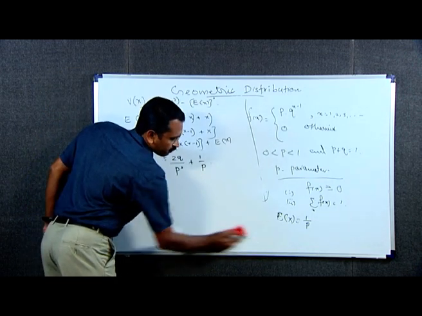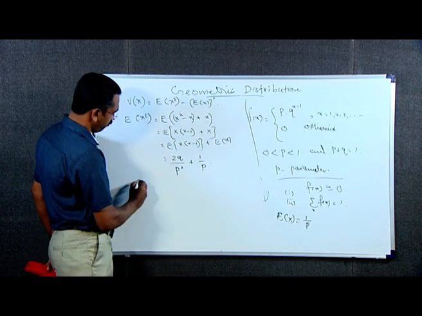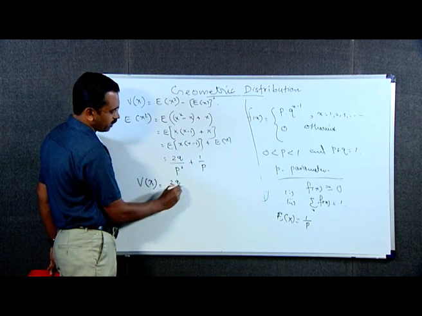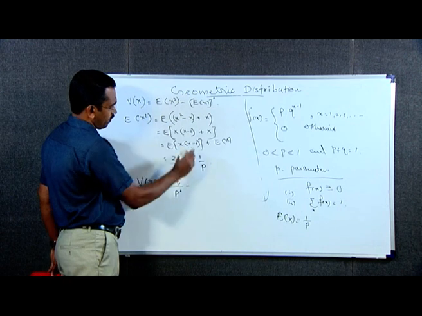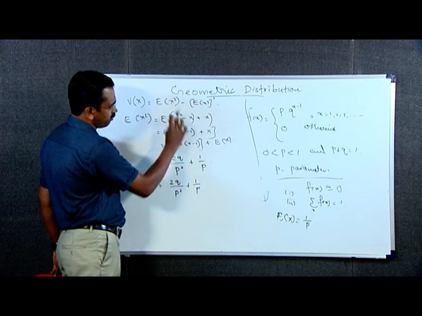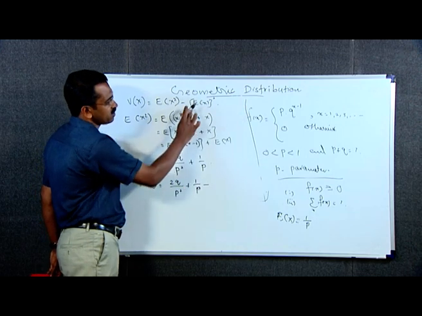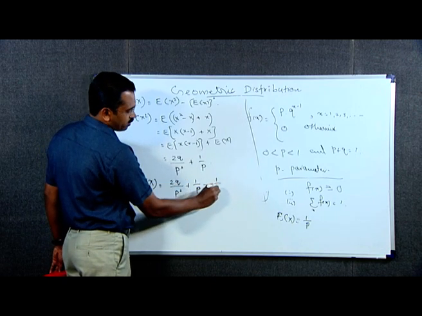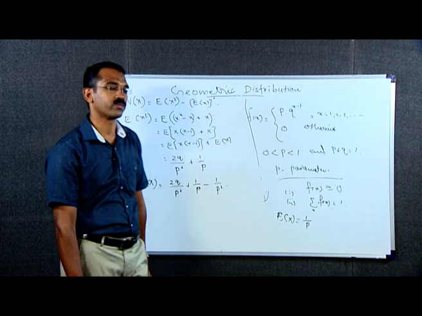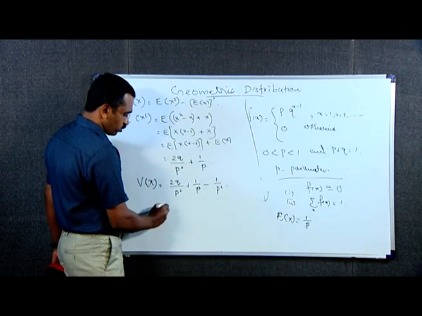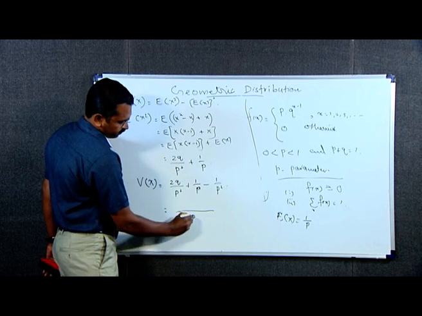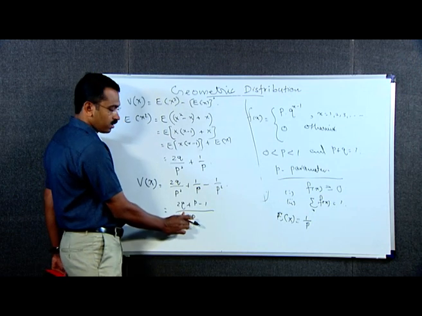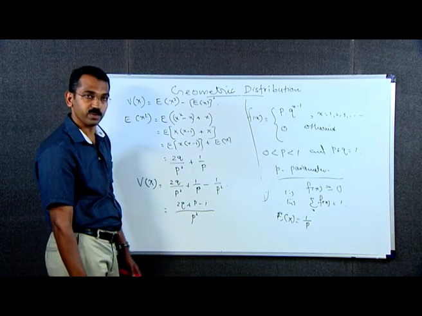We get variance of x, V of x, is equal to E of x square, that is 2q by p square plus 1 by p, minus E of x the whole square, that is 1 by p the whole square, means 1 by p square, which is equal to 2q plus p minus 1 divided by p square, all divided by p square.